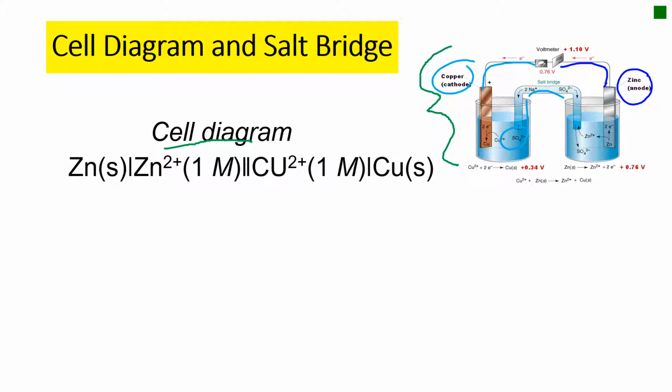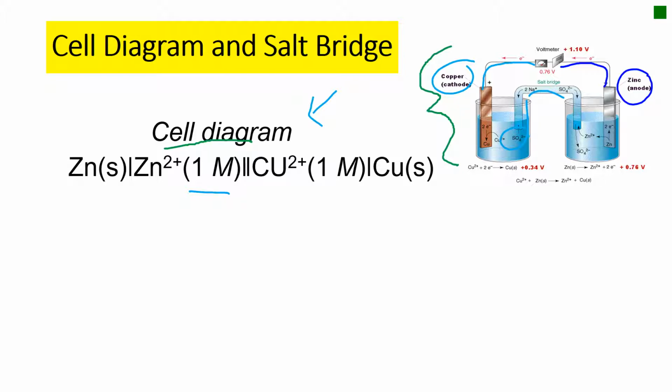The correct way to draw a diagram for the galvanic cell with the salt bridge is through the cell diagram. Using the previous situation as an example, it is zinc, then zinc 2 plus, which is the anode, with the cathode separate. So they're both separated, assuming that the concentrations of the copper and zinc ions are at 1 molarity.